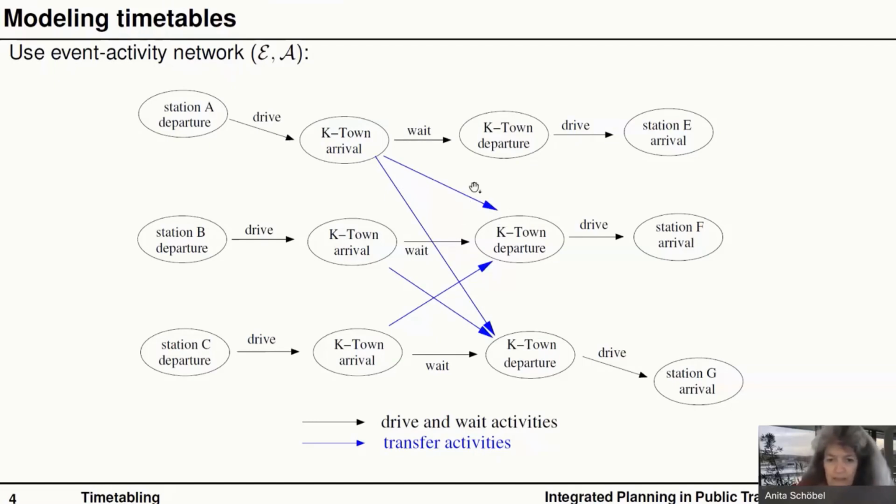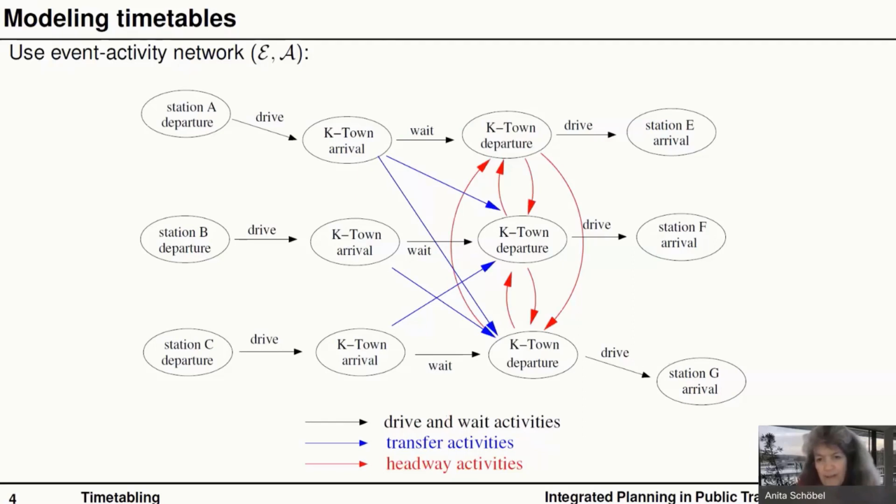These activities always start after an arrival and go to a departure at the same station, and show that passengers can change. The black activities, drive and wait activities, belong to the vehicles, to the trains or to the buses. And the blue activities belong to the passengers.